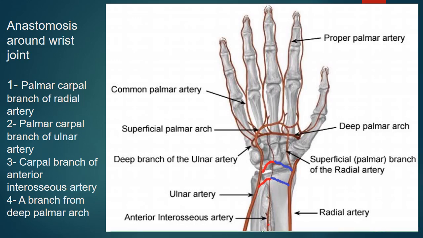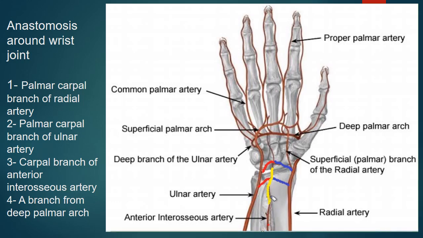The third branch taking part in this anastomosis is the superficial palmar branch of the anterior interosseous artery, this one. As I have already told you, the anterior interosseous artery, before going into the posterior compartment of the forearm, gives off a superficial palmar branch which joins this anastomosis around the wrist joint.